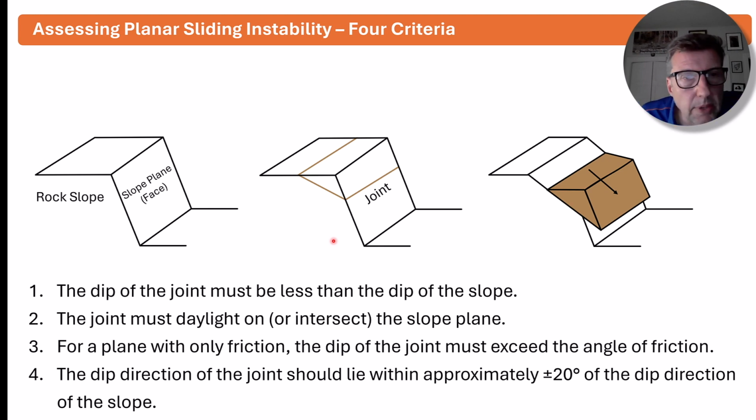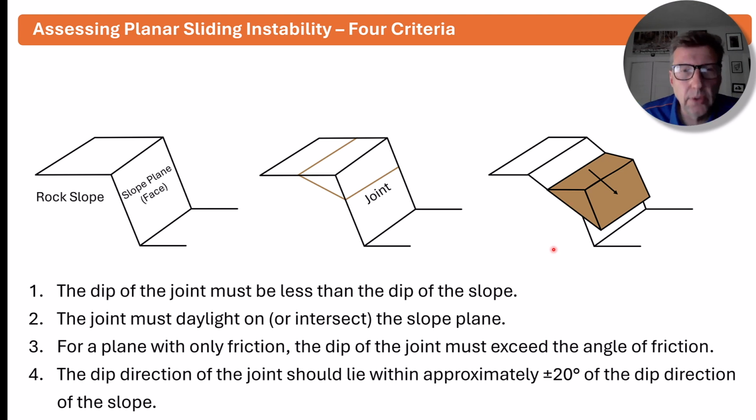And so again, if we look at this middle figure, we can see that the dip direction of the joint and the dip direction of the slope are nearly parallel. So visually, not taking friction into consideration, we may have a planar failure.